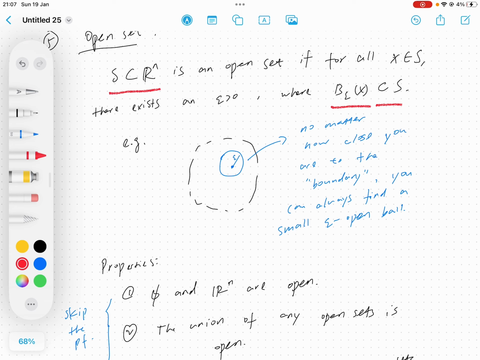No matter how close we are to the so-called boundary, we can always find a very small epsilon open ball, because we cannot reach the boundary. Even if it is very close, we can always find a very small epsilon to make this happen. So that is the definition of the open set.